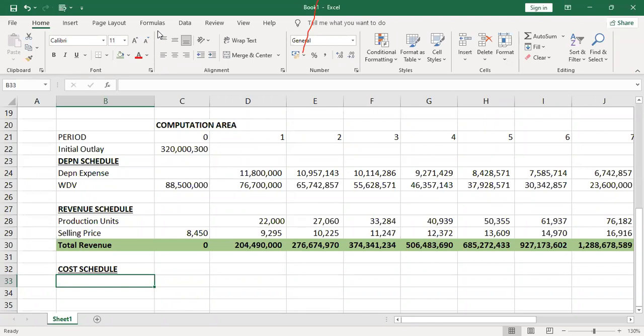So after total revenue, now type cost schedule. Then we have production costs.